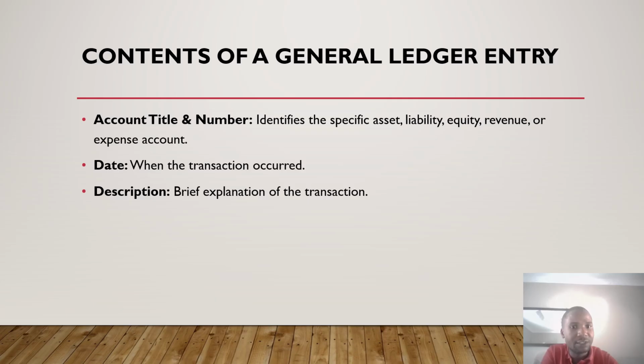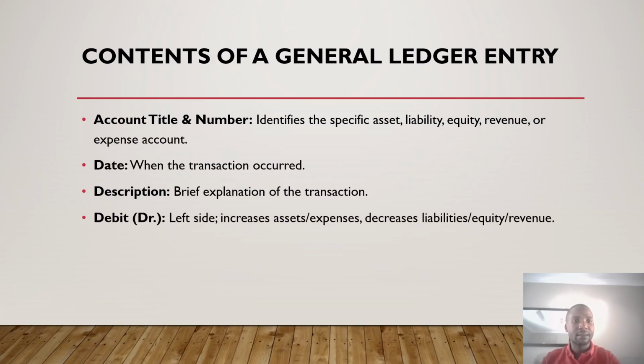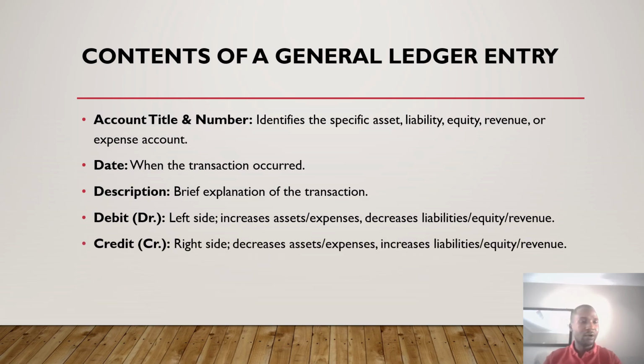Description, a brief explanation of the transaction. If you're saying rent, is it rent that you're paying, or is it rent received? So we have to write a brief description of each account. We also need to show whether an account is a credit or a debit.